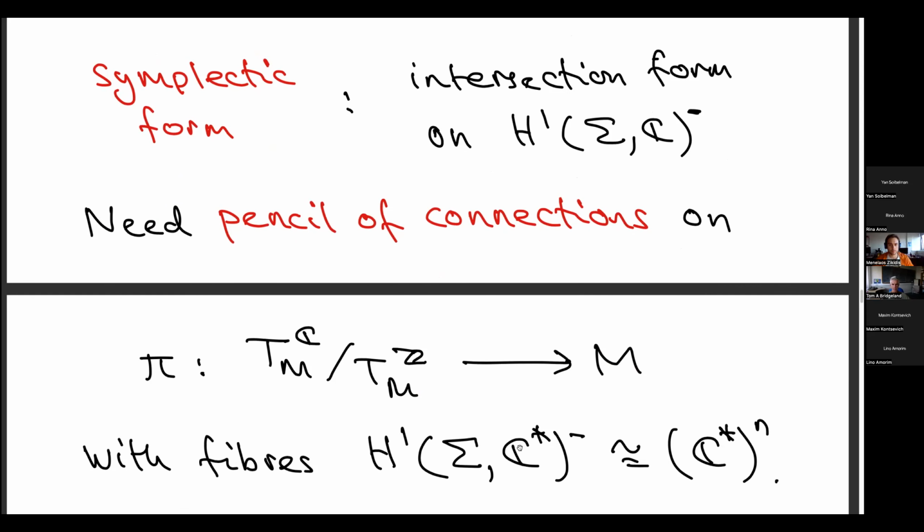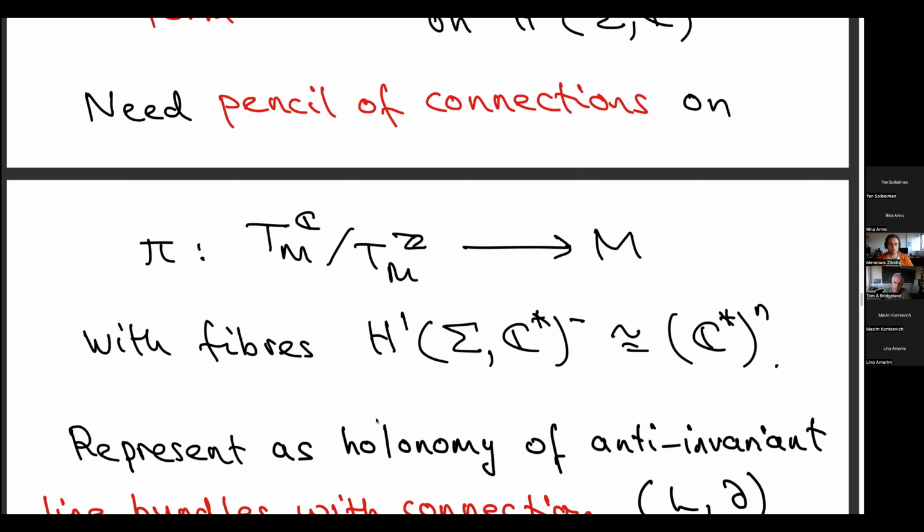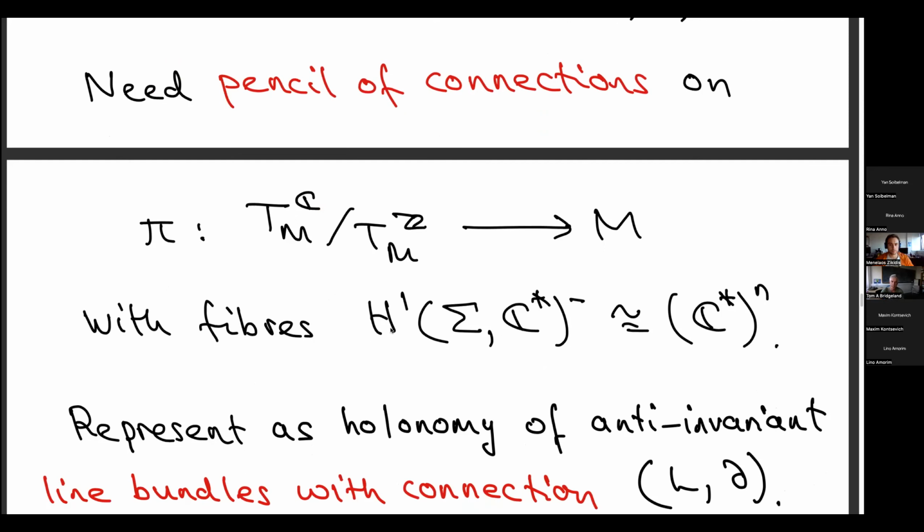Right, and these are the fibers of this. They're H1(Σ, C) divided by H1(Σ, Z), and we get this. So the point is that you can represent classes here.